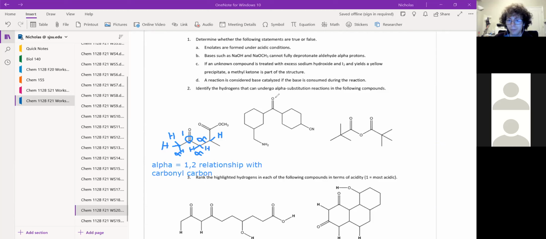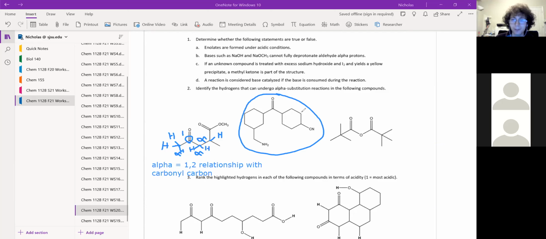Okay, I'll just ask the question about this one. How many alpha hydrogens are there in this structure that I've circled? Only 2.